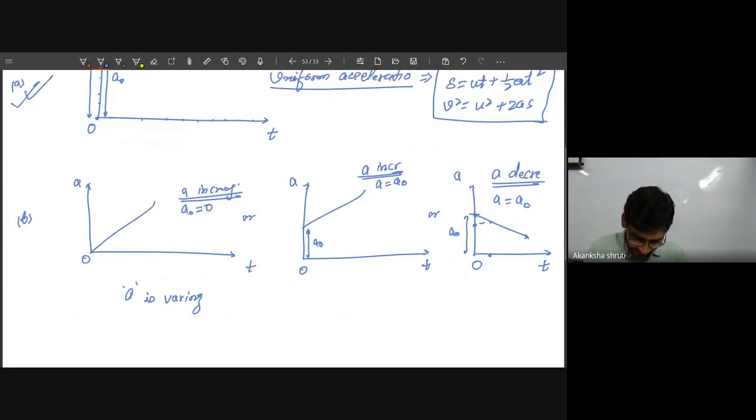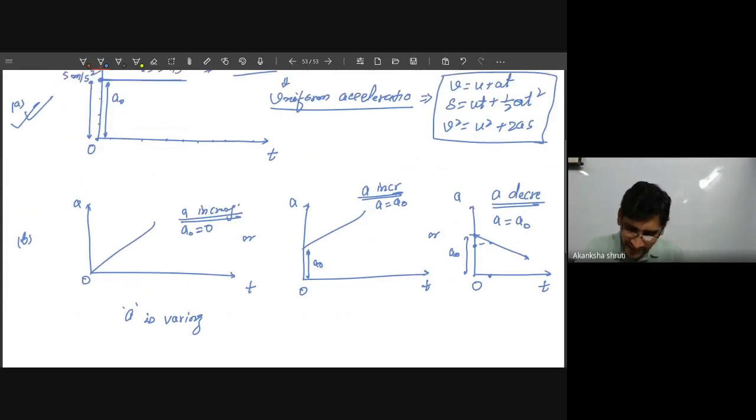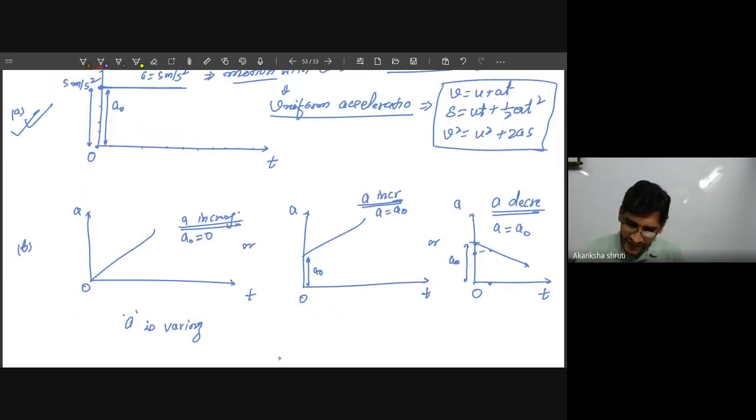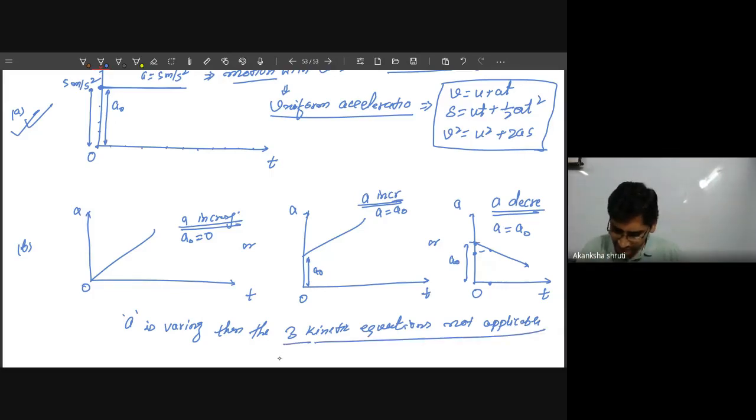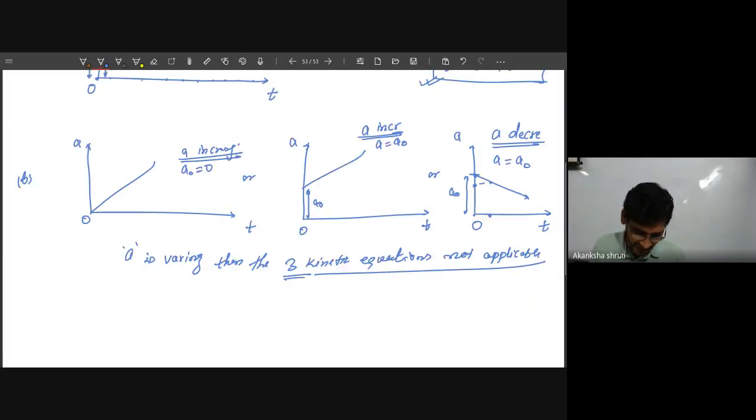In case B, these three kinematic equations are not applicable. That is one thing we have to keep in mind.